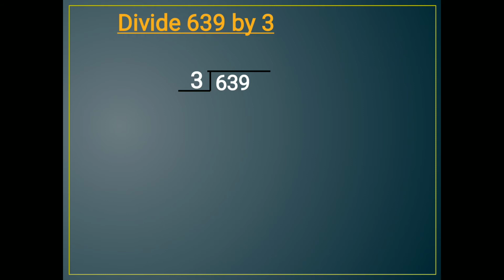Now, look here, the hundreds place digit is 6. So, 6 is divided by 3. So, read the table of 3. How many times will it go? It will go 2 times. So, 3 2s are 6. So, we will write 2 upside and 6 you will write just below the 6. After that, you will subtract 6 from 6.